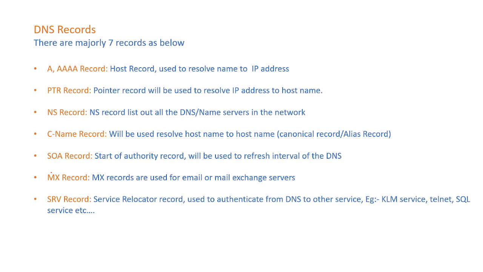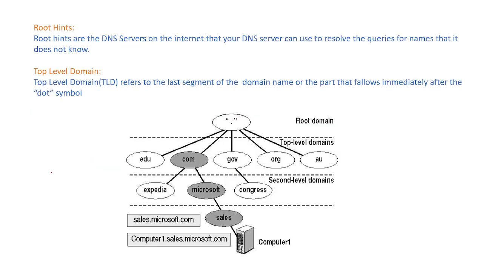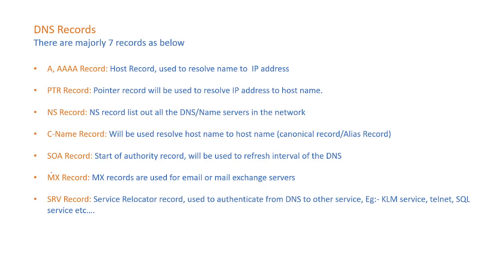So whenever a server newly joins the domain, with the presence of this KLM record, it will understand, yes, there is a KLM service, I can talk to it and get the license for me. That is how it helps you locate a particular service available in the domain. That is called an SRV record. So these are the major records in the DNS.